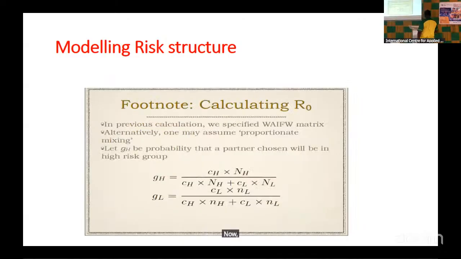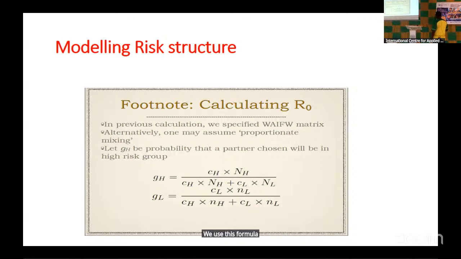Now, the footnote: calculating R naught. In the previous calculation we specified who acquires infection from whom, matrices. Alternatively, one may assume proportionate mixing. Let GH be the probability that the partner chosen will be in the high risk group. We use this formula.